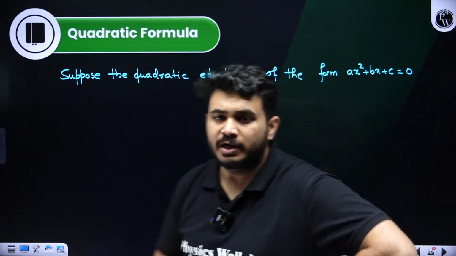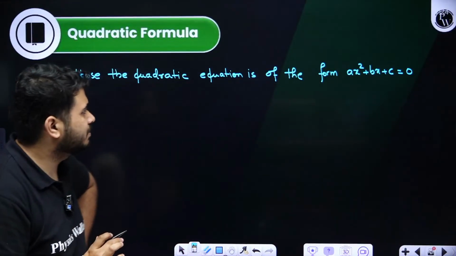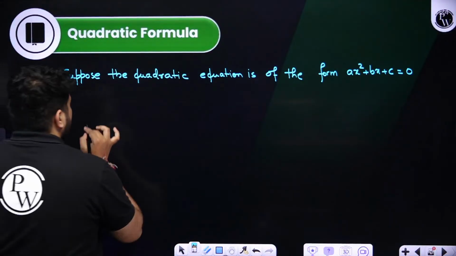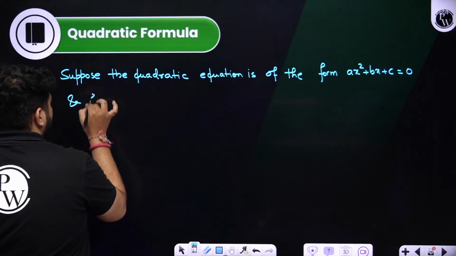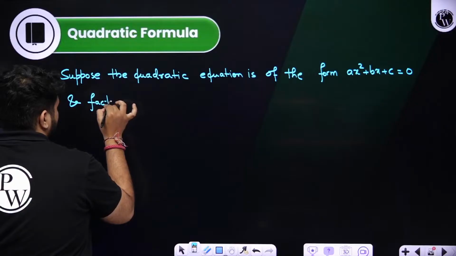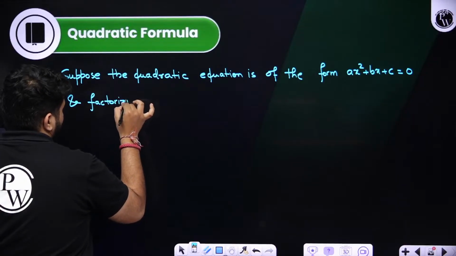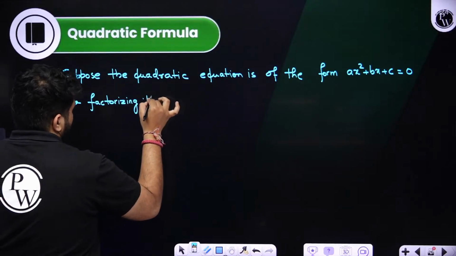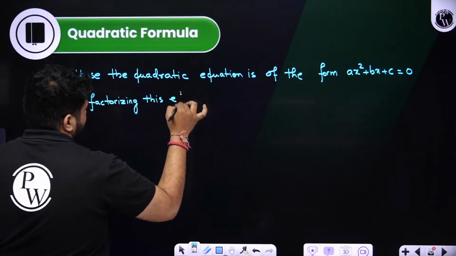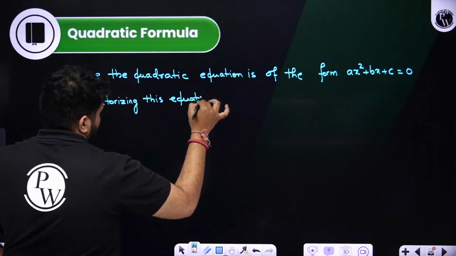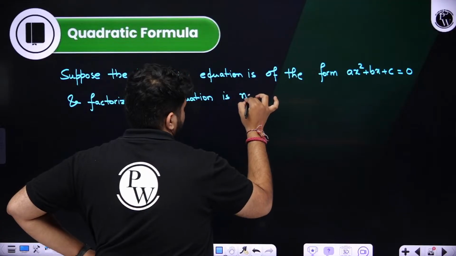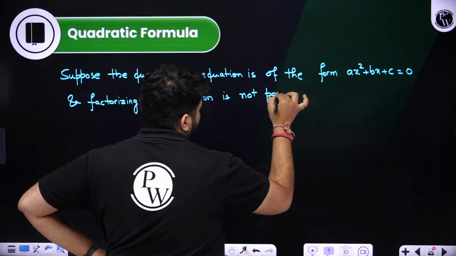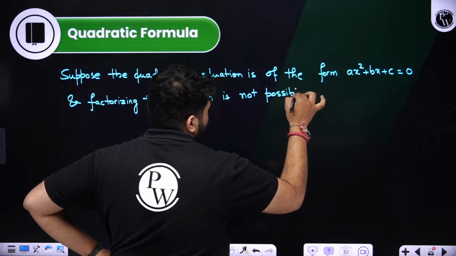Suppose quadratic equation of the form ax square plus bx plus c is equal to 0, and factorizing this equation is not possible. Factorizing this equation is not possible.